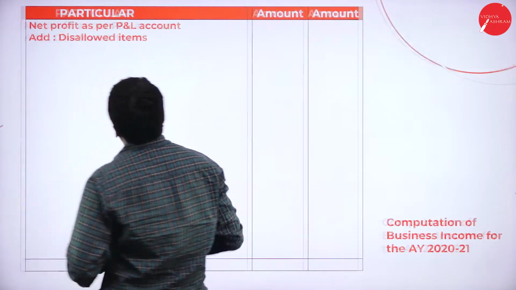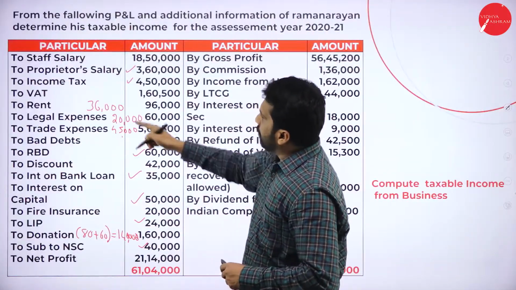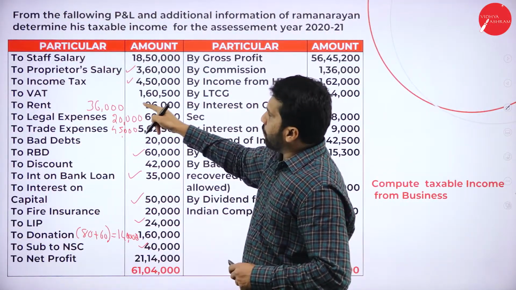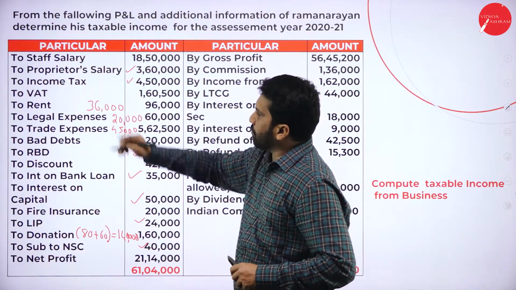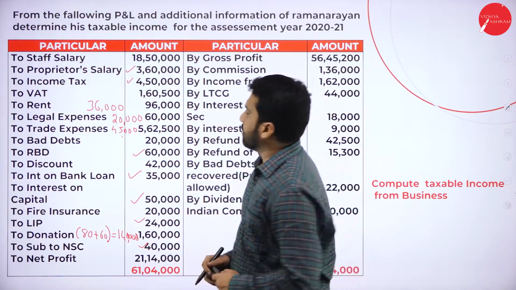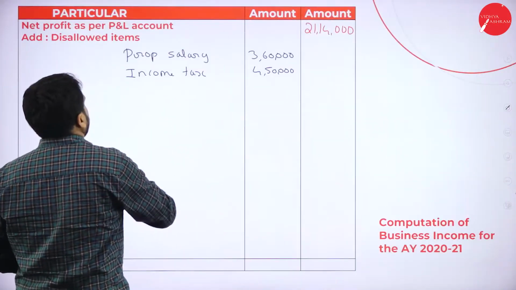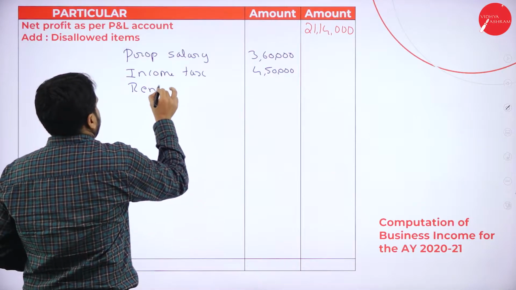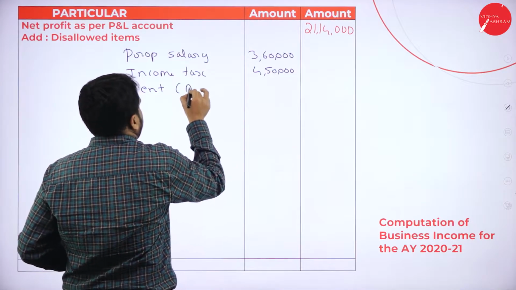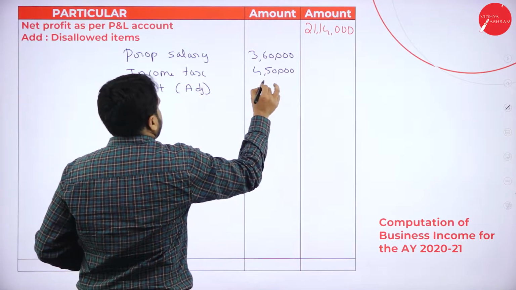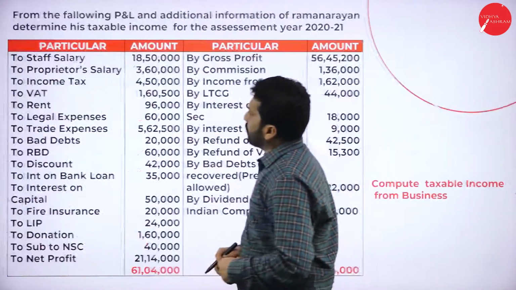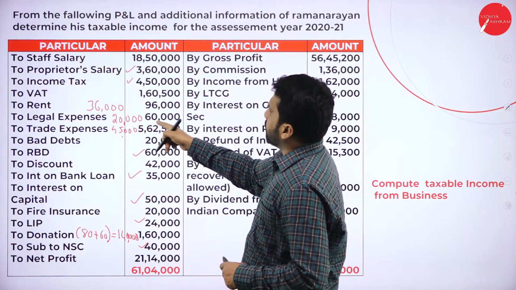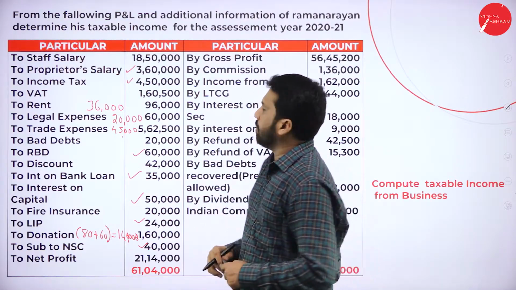After income tax we have VAT. VAT we will not take. We have rent. Out of 96,000 we are supposed to take 36,000. So rent, as per adjustment, 36,000. After rent we have legal expenses, it is 20,000.